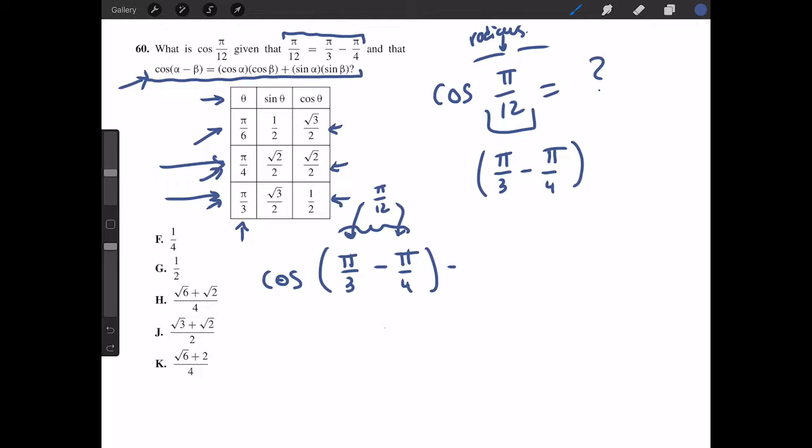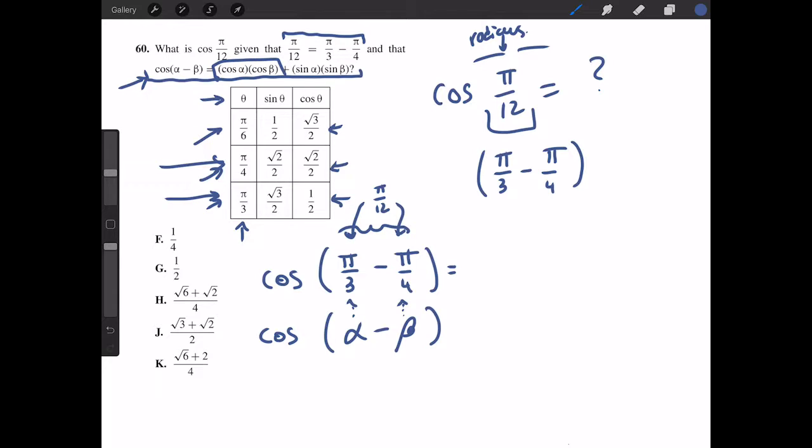Okay? Well, according to this identity, it's going to be equal to cosine of alpha times cosine of beta. So who's alpha and who's beta? Well, just put the identity below and then it'll be perfectly clear. Alpha is pi/3, beta is pi/4.